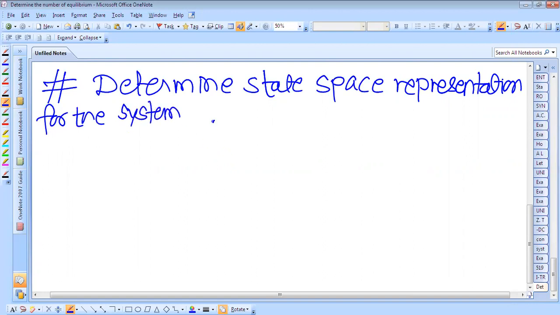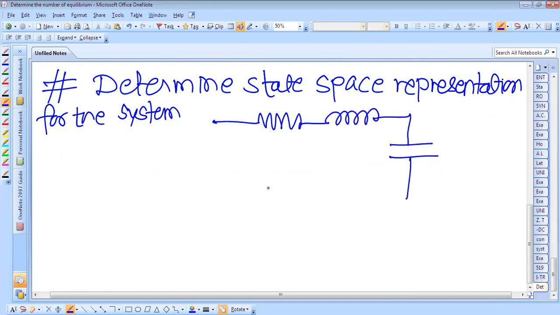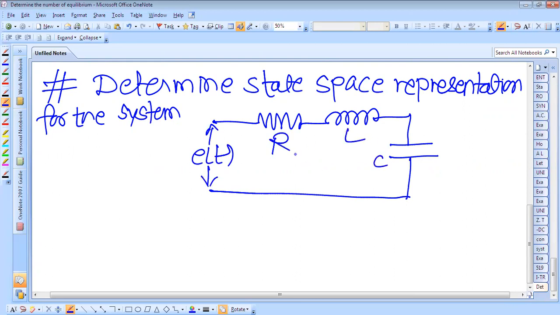The system is given, this is a network. This is e(t), the voltage applied to this network. This is resistance, inductance, and capacitance. The current flowing through this is i(t), and the voltage across this is ec(t), that is the voltage across this capacitor.